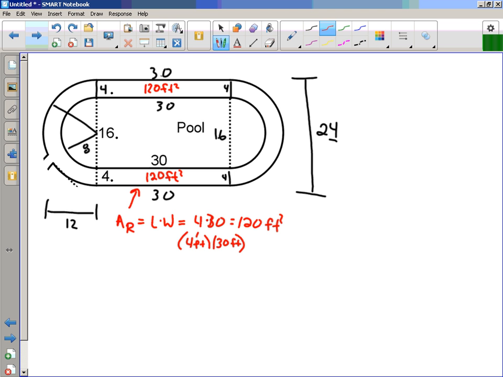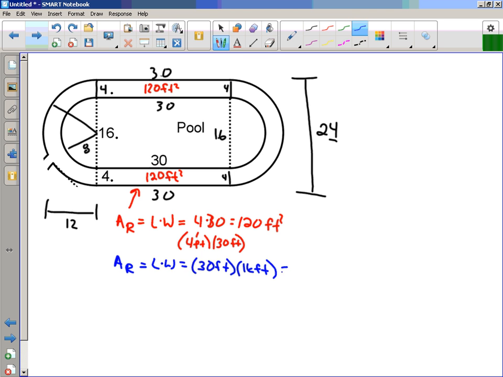So what about the interior pool? Well, let's see. If I look at the area of that rectangle, it's also going to be length times width. And in the interior pool, the length is going to be 30 feet again. But the width is going to be 16 feet across.